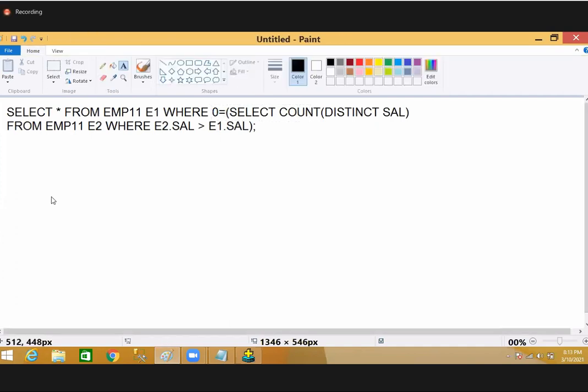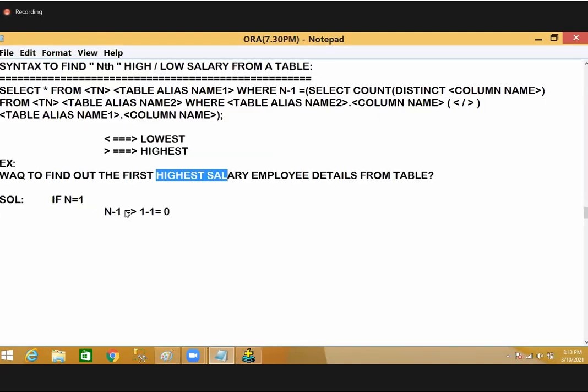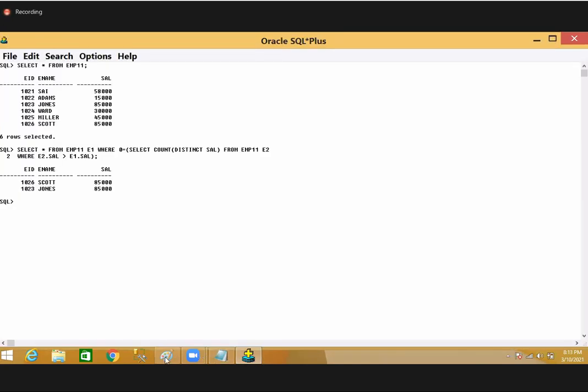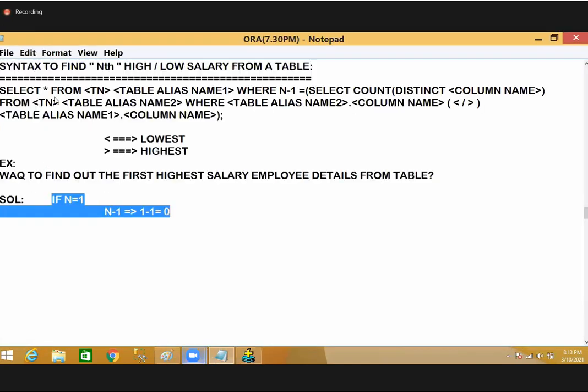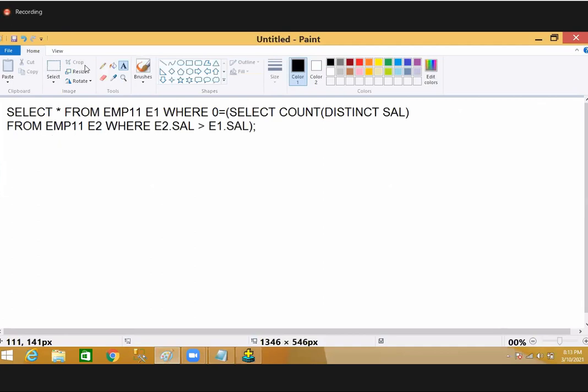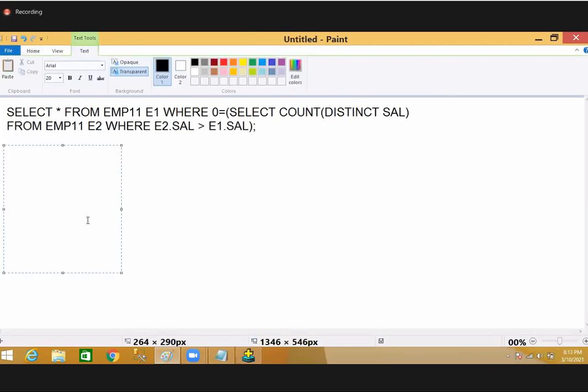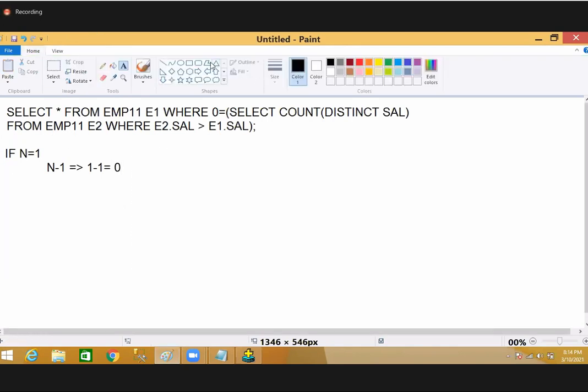I gave the solution for how the zero came. Let me check it out here. Carefully observe. I gave that explanation here, I just keep it now.